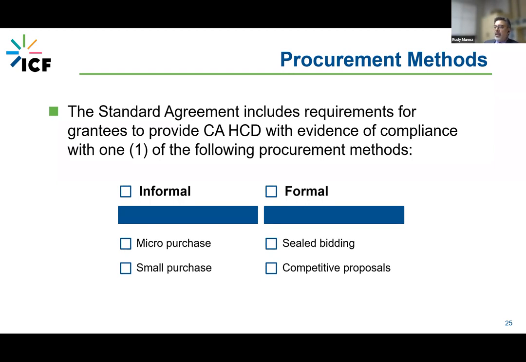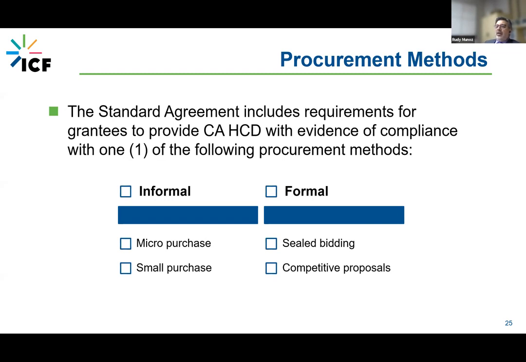So we have two buckets there. Under the informal procurement method, you have two options available to you, and they are the micro purchase process and the small purchase process. Under the formal procurement method, you also have two options available to you, and they are the sealed bid process, and this is the most common for construction type projects, and the competitive proposal process.